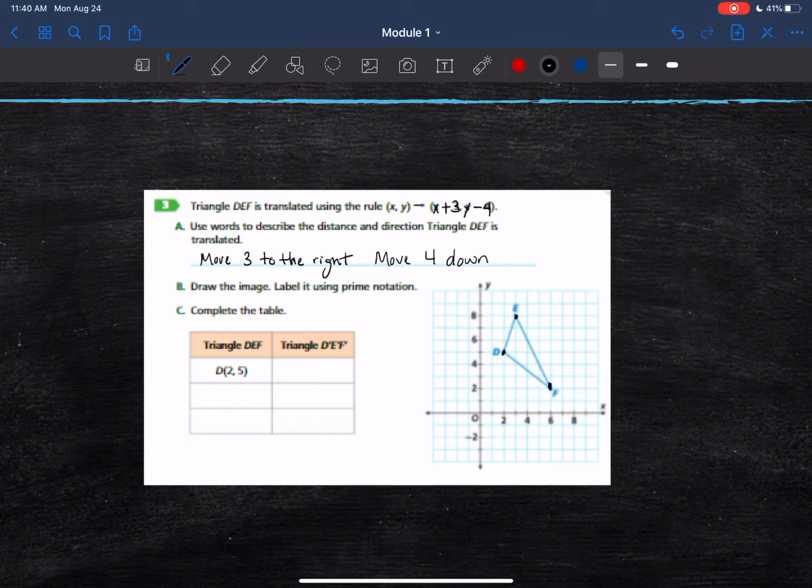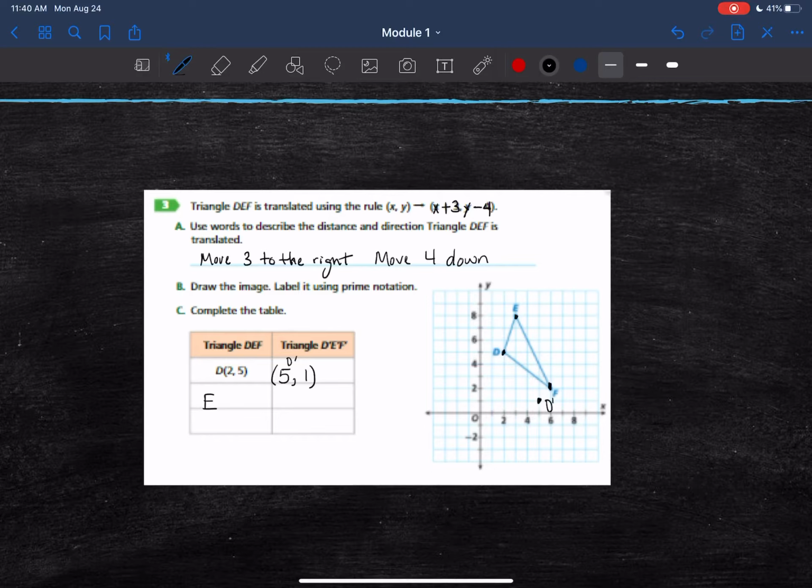If I add 3 to the x of 2 comma 5, which is 2, that's going to give me 5. And I need to subtract 4 from the y. That's going to give me 1. So D prime is 5 comma 1. And I'll go ahead and plot that, 5 comma 1. This is D prime.